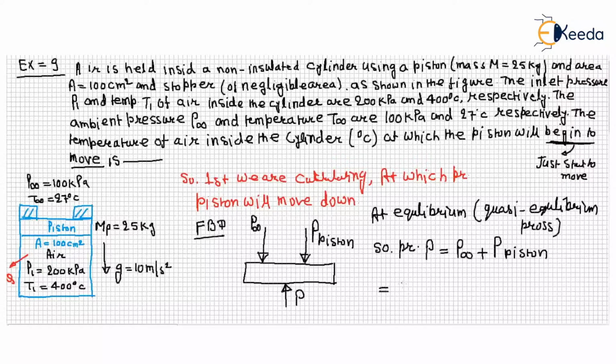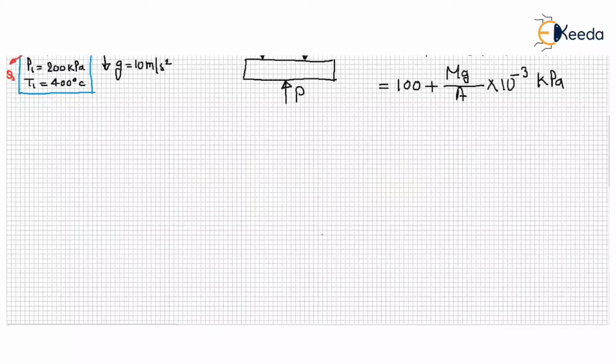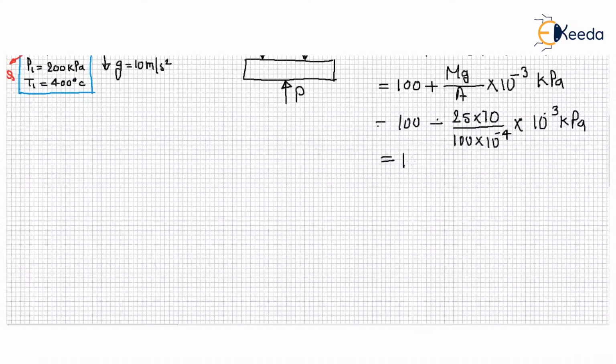P infinite is 100, and the piston pressure is weight by area, m g divided by the area of the piston, times 10 to the power minus 3, because this is in kilopascal. Putting that in: 100 plus 25 cross 10 divided by 100 cross 10 to the power minus 4, into 10 to the power minus 3 kilopascal. After calculating, it is 125 kilopascal.